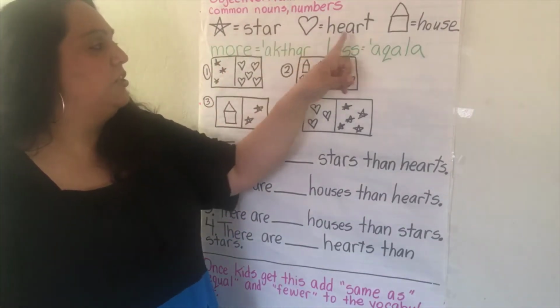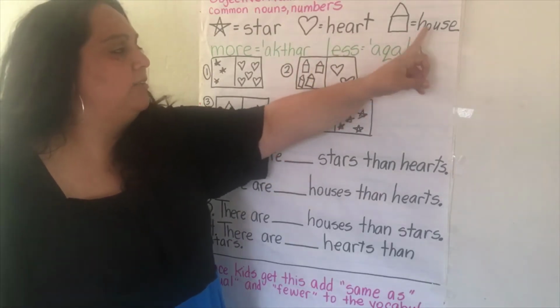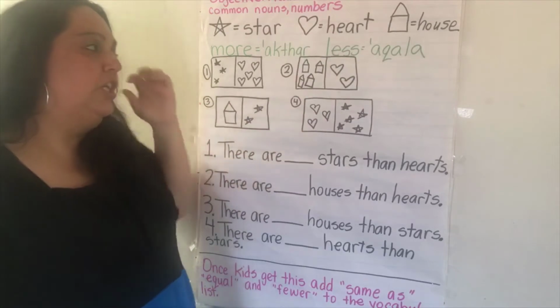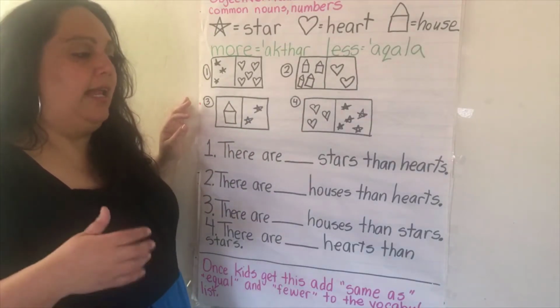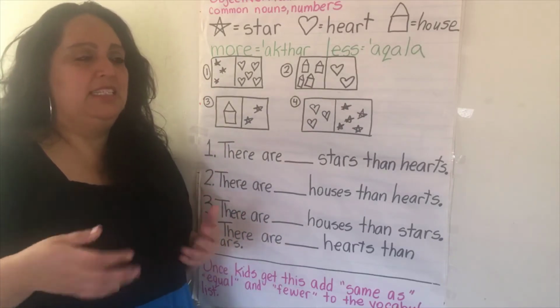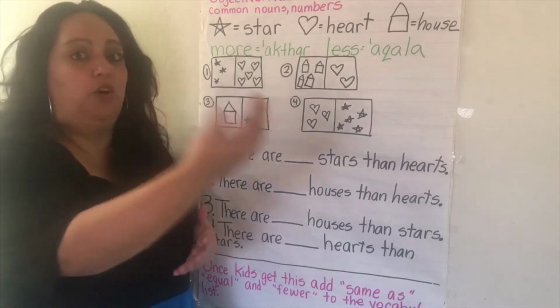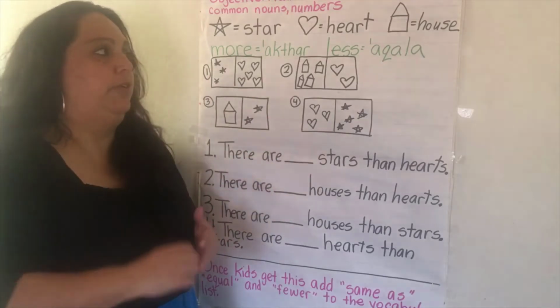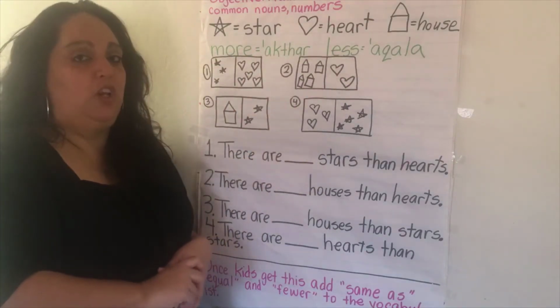Heart, heart, heart. House, house, house. So that they know these words. If you're in a certain grade level and there's grade level vocabulary, some type of noun, you could have them see it on an overhead or on your phone. That'd be great as well, right? So you have them learn those 3 common nouns.